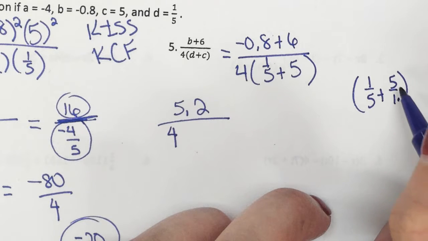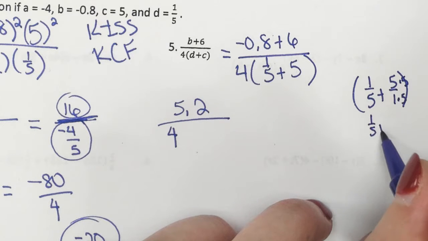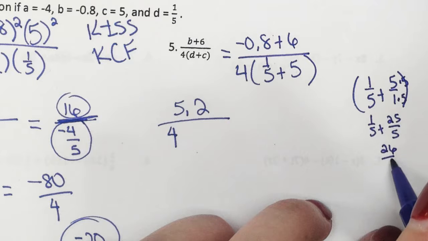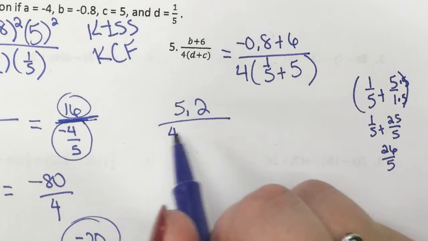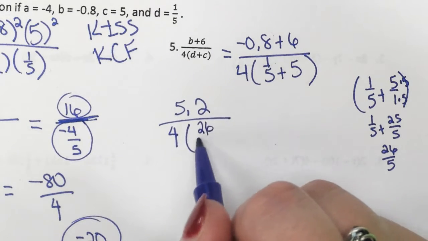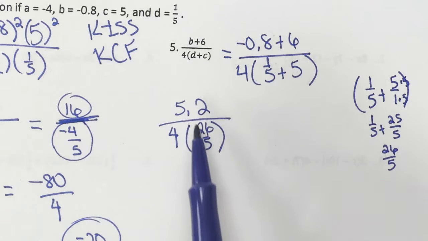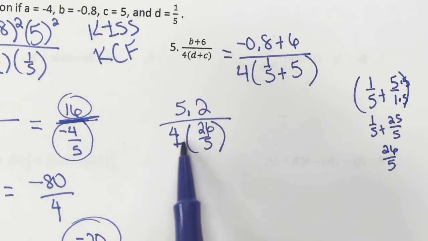So if I do it to the bottom, I got to do it to the top. So if you got 5 1/5, then you'll change it to a mixed number, an improper fraction, and get the same thing, okay? Now we can multiply these.